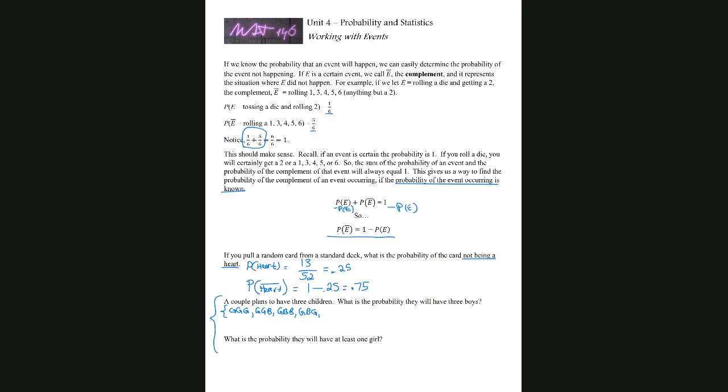So notice how this is different because the children are born in a different order than this one, right? So this is a different way that they can have children. So two girls, then a boy, or a girl, a boy, and then a girl. Okay? They could also have all boys.